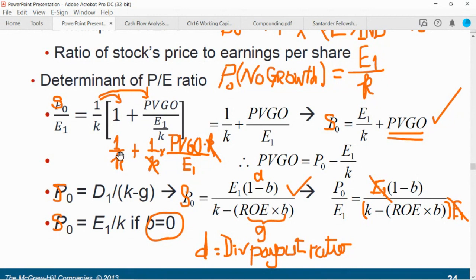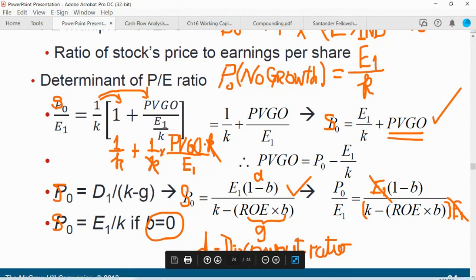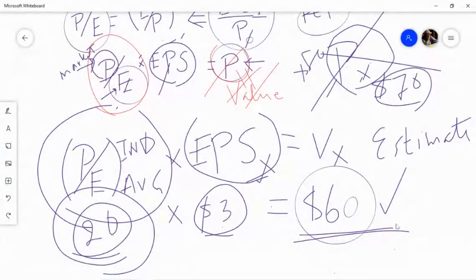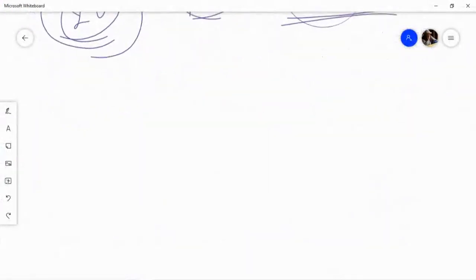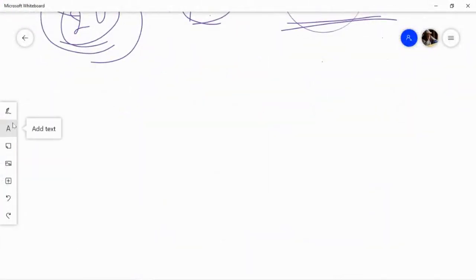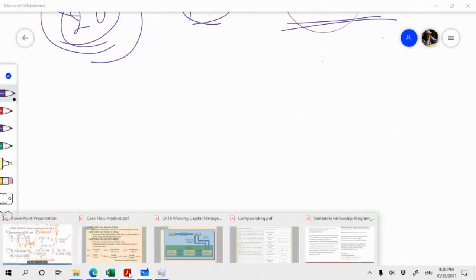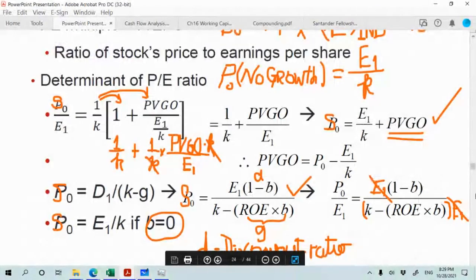And we all know the math looks a bit complicated, but it's nothing new. It's basically the math to explain present value of growth opportunity.